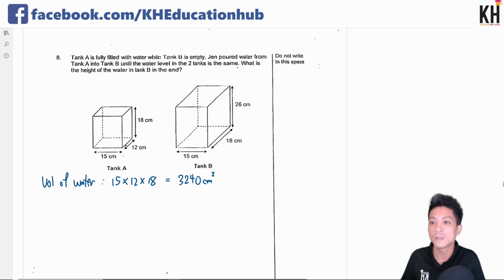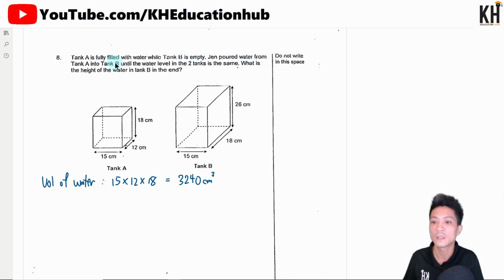For this type of question, there is a trick that you need to know in order to find the height when they have the same water level.